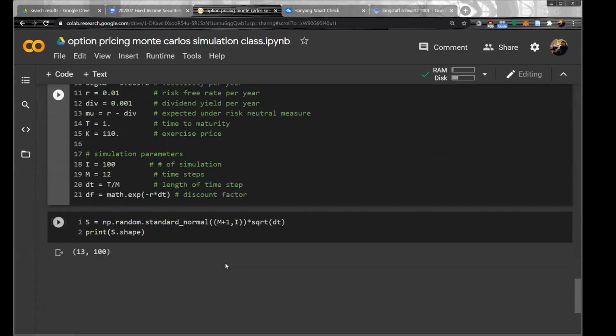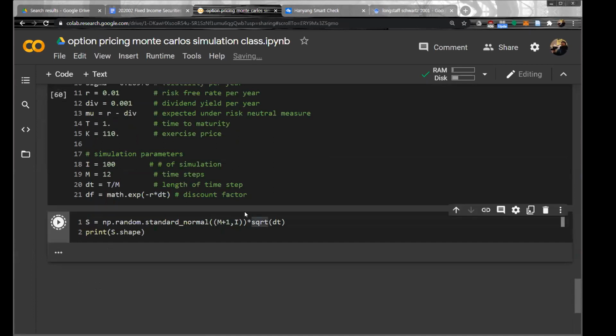Okay, square root of dt. And then I multiply by sigma, scaling up by sigma.